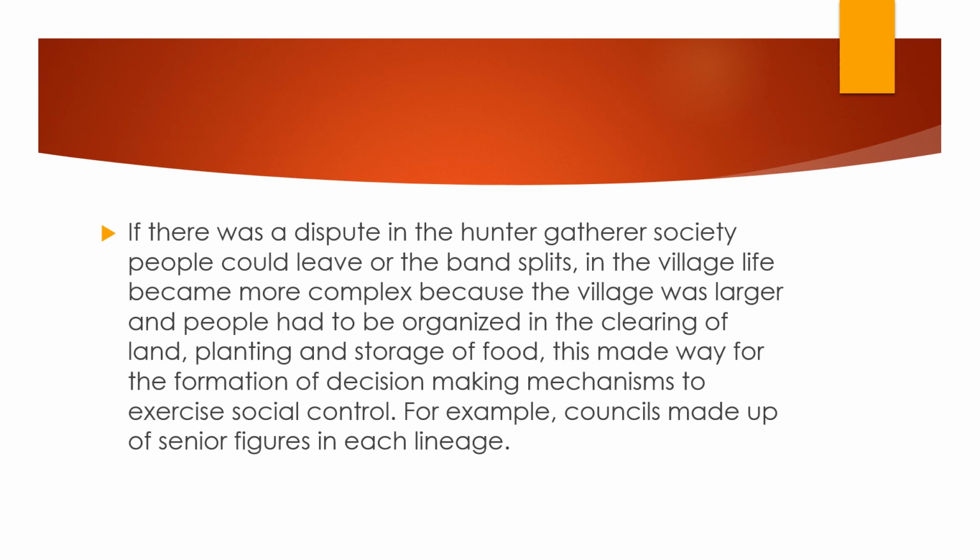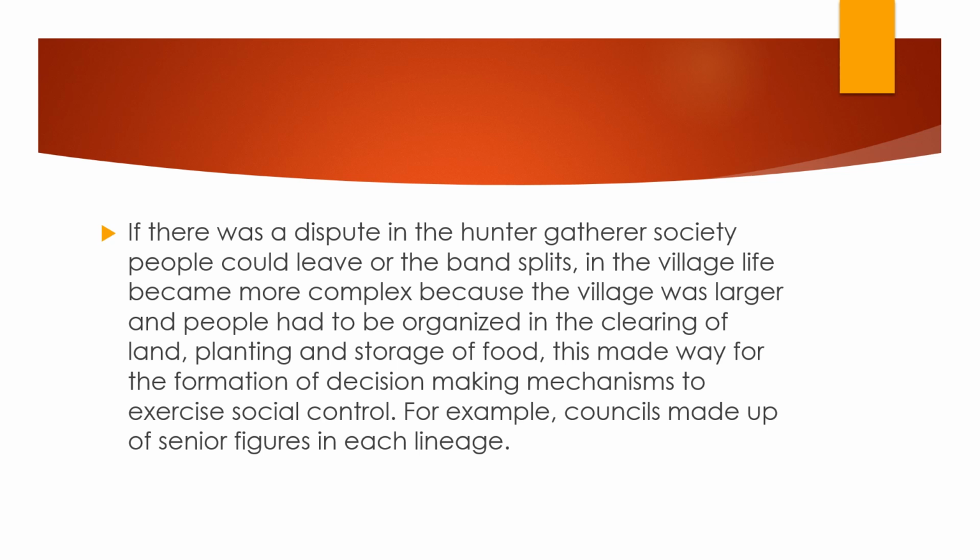Now, if there was a dispute in the hunter-gatherer society, people could leave, the bands could split. In village life, things became a bit more tricky and complex because the village was larger and the people had to organize the clearing of land, the planting, the watering of plants, the storage of food.